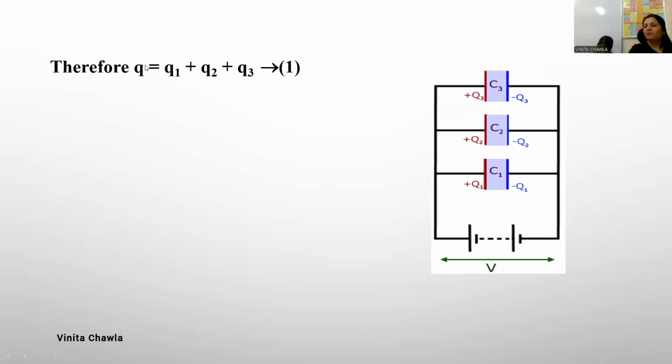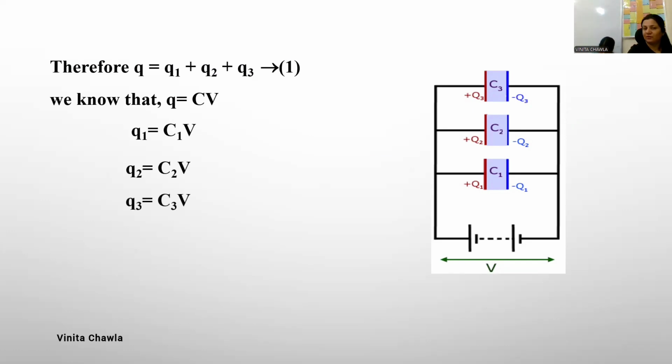For net charge, we write equivalent capacitance and net potential, so Q is equal to CV. V is the same for each combination. So Q1 is C1V, Q2 is C2V, Q3 is C3V.